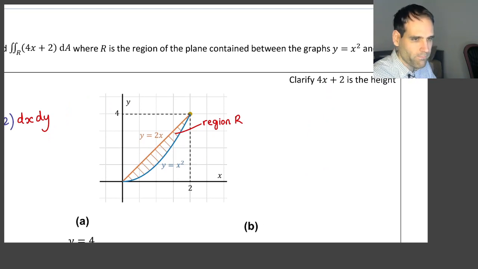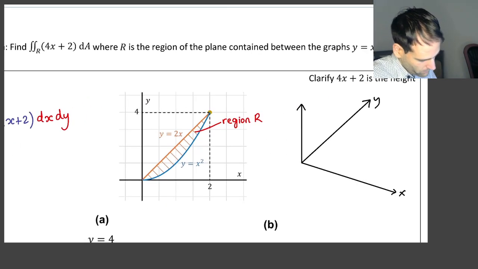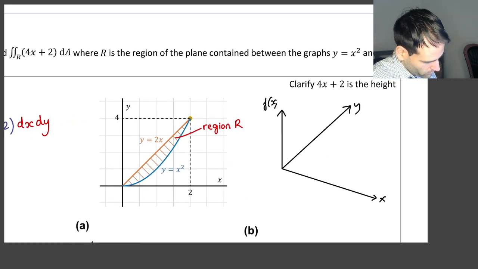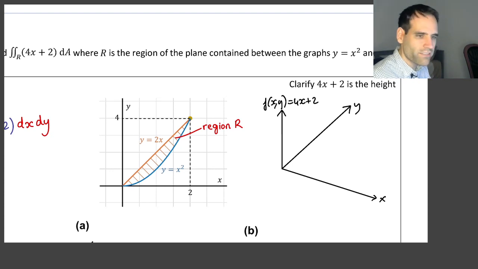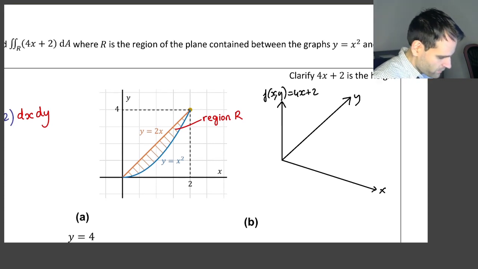Let me try. If this is our xy plane, now I'm drawing it in 3D so that I can draw as the height the function f of xy, which is 4x plus 2. So how does 4x plus 2 look? This is a straight line with slope 4 and intercept 2.